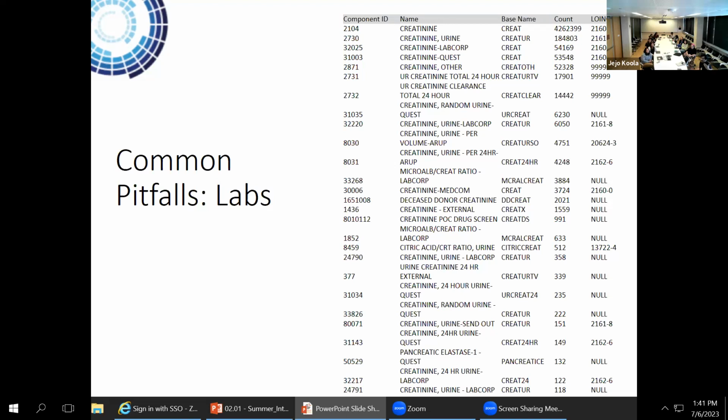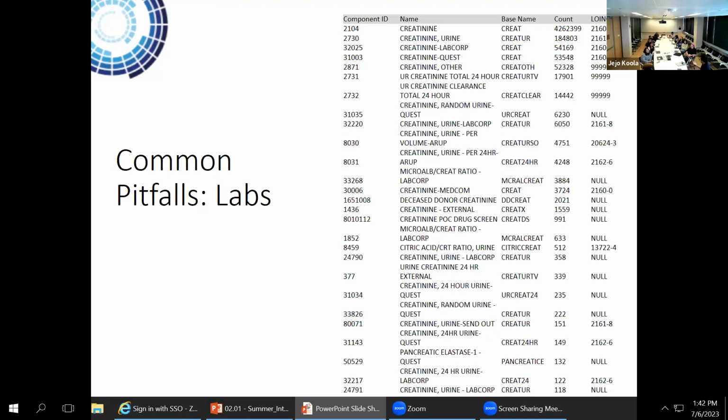So one common problem with laboratory information in the electronic health record is, let's say you're interested in doing a project on kidney disease. Well, the way we usually track kidney disease is by measuring a chemical in the blood called creatinine. So you might think it'd be easy enough, when you're trying to get that data from the backend system, to say, okay, I just need all the information about patients with an abnormal creatinine.